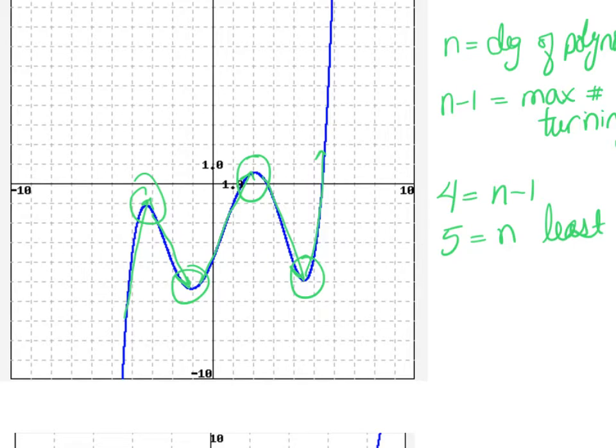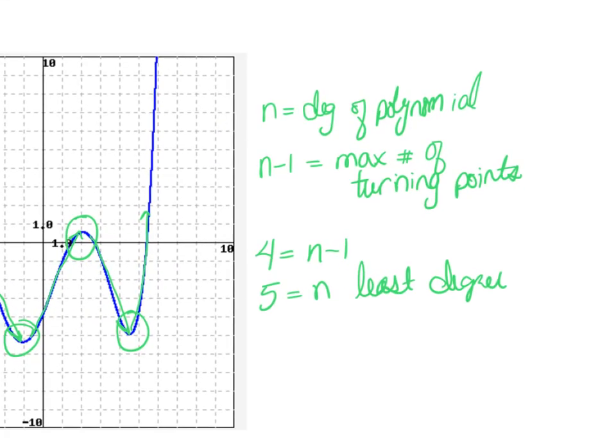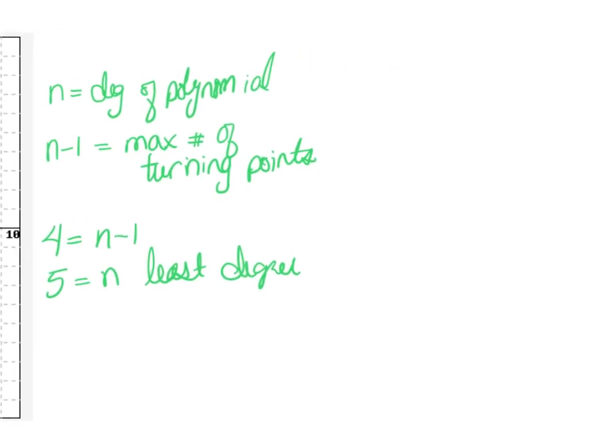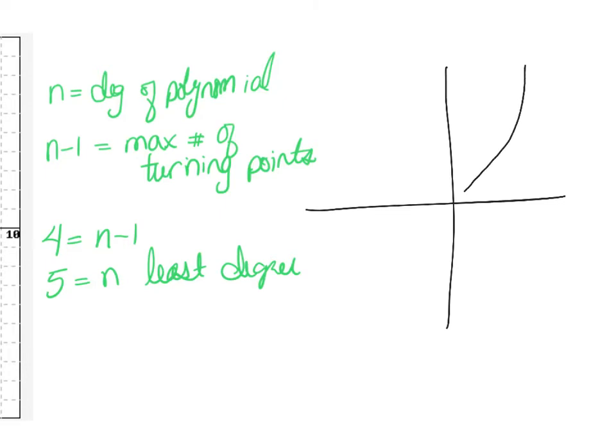Could 7 have worked? Sure, it could have worked. Could 9 have worked? Sure, 9 could have worked. When we're talking about the max number of turning points, it is the degree minus 1. That is the max number of turning points. I'm never guaranteed that number of turning points. If I look at this particular example, this is x to the 5th.